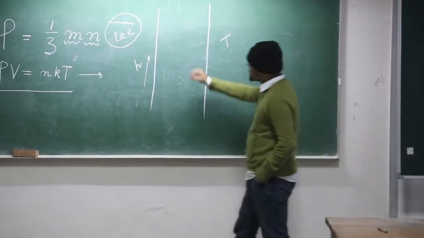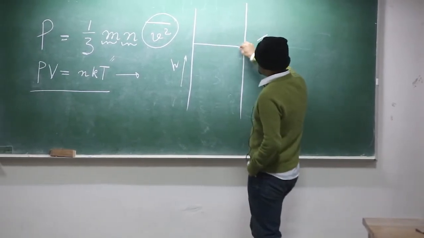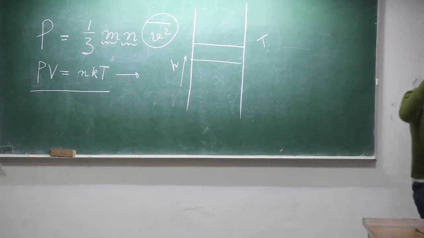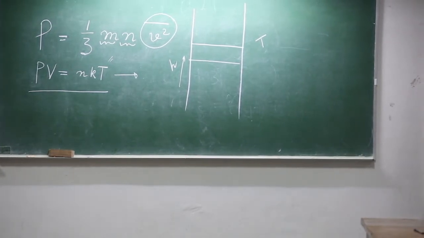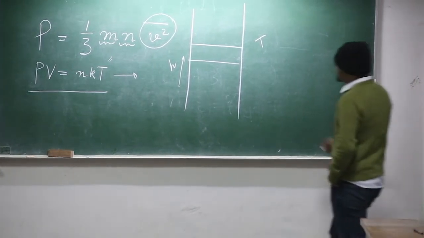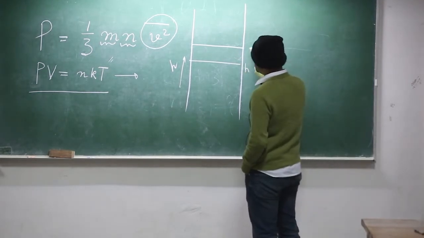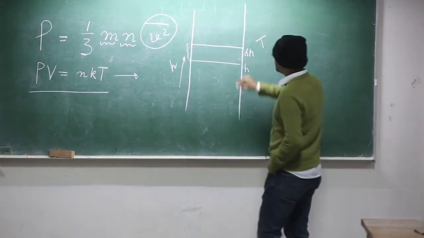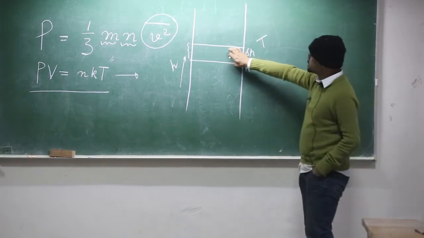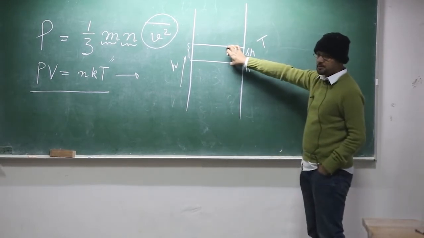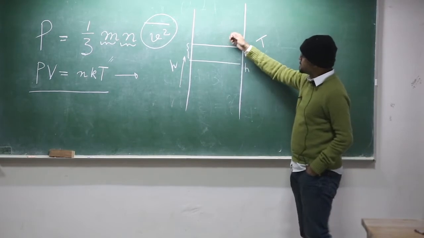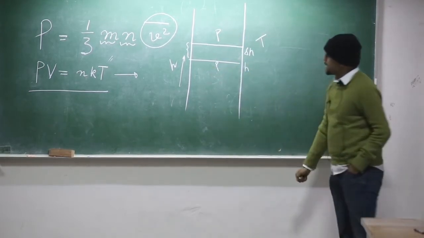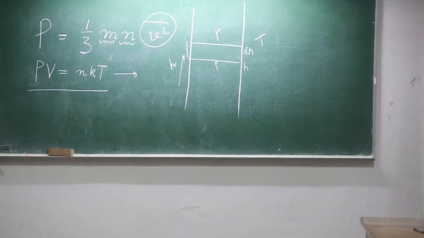So the idea is very simple. The idea is based on the fact that the pressure at different heights would be different. And if you consider a certain height h and then take a little delta h over there, you can compute the pressure difference, or the pressure over here and pressure over here would be different, and how much would that difference be?